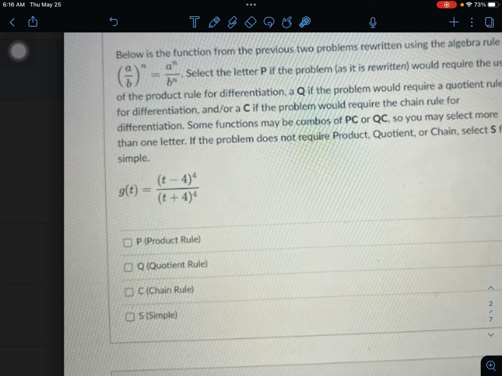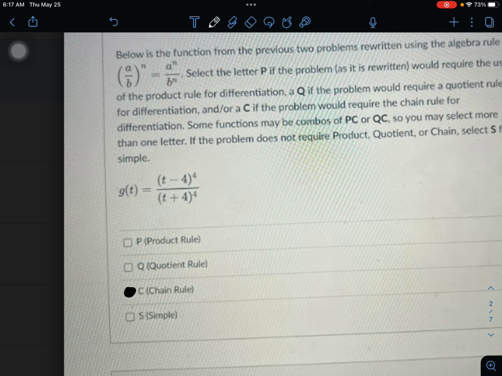And to do this one, there's lots of ways to do it. Let me think. Okay. You're going to have to use the chain rule, because you have a function inside of a function. And you also have a function inside of a function down here. So you're going to have to use the chain rule on this one for sure.